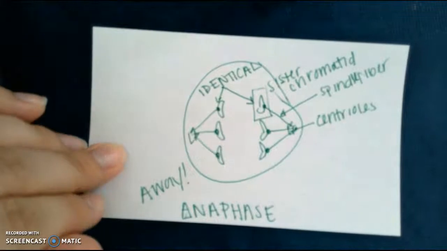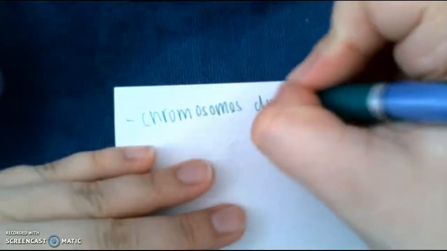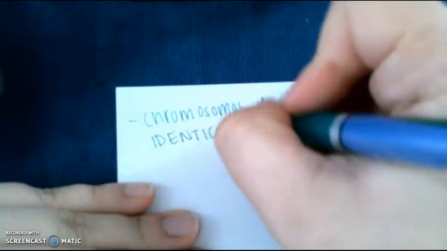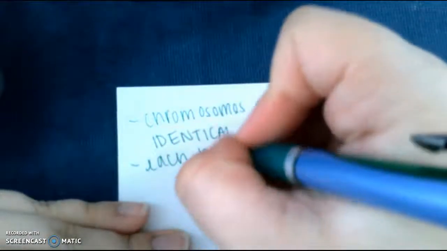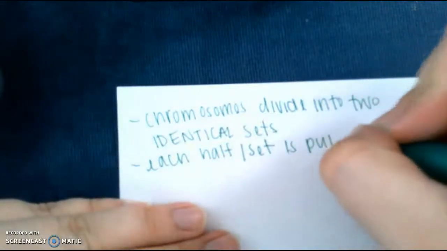All right, and on the back, we're going to write what's happening in anaphase. Well, here, the chromosomes divide into two identical sets. Each half or set is pulled to opposite sides of the cell.